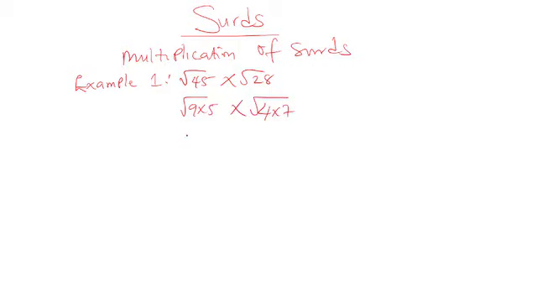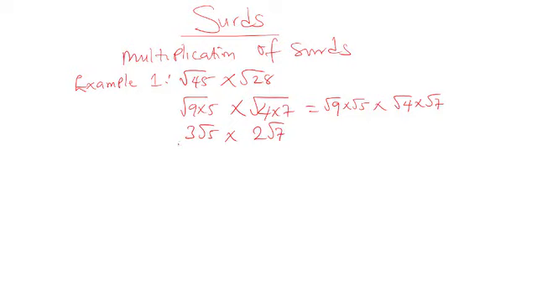So this is now 3 root 5 times 2 root 7, because this is the same thing as root 9 times root 5 times root 4 times root 7. Root 9 is 3, root 4 is 2.